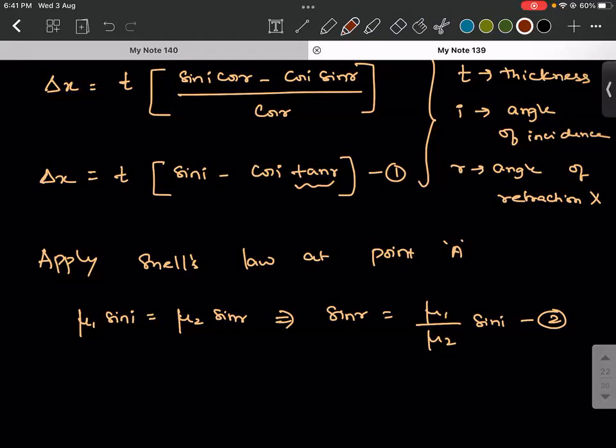If I observe equation number 1, I need a value for tan R, but I have sin R in my hand.